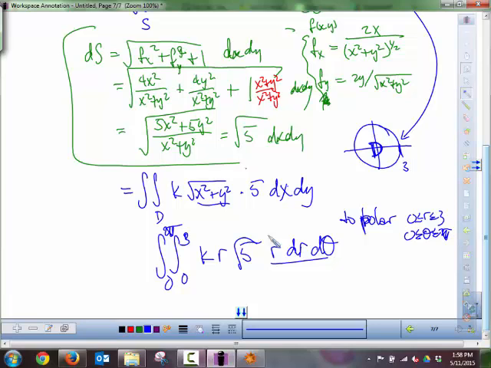So this is your integrand, which is easy enough to integrate. So that's the mass. Okay, so that's surface integrals, and then we're going to go over one more type of integral, and that will complete our list of kinds of integrals for the rest of the semester. And then we'll just play around with switching them, whatever that means.